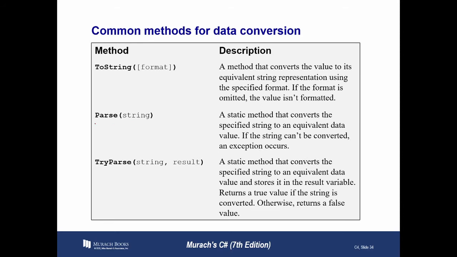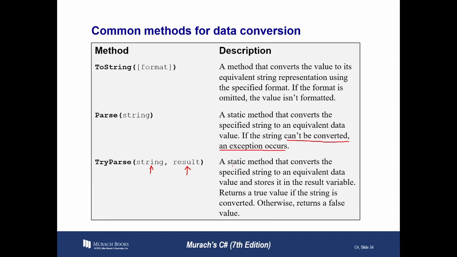But if we look at this parsing of a string, this is a static method that converts the specified string to an equivalent data value. If the string can't be converted, an exception occurs. We're going to come back to this because it's going to be very important. Then we have this one called TryParse. You can see there are two parameters in this: the string that you're passing in, and then the result.